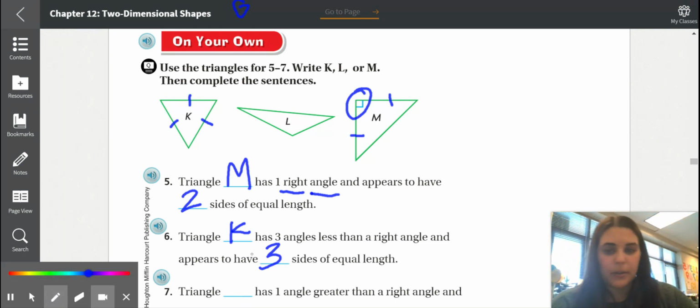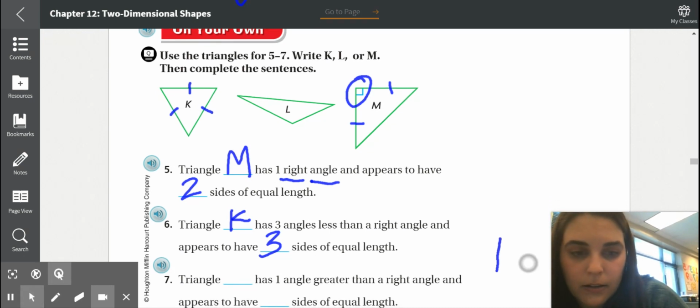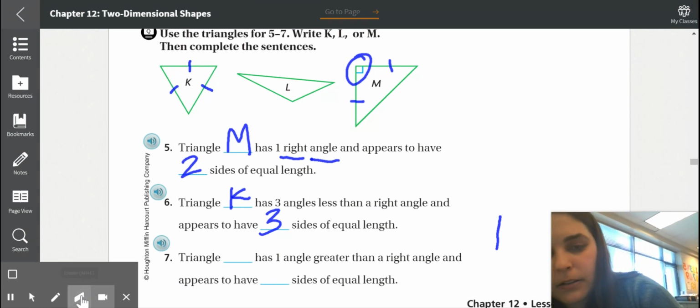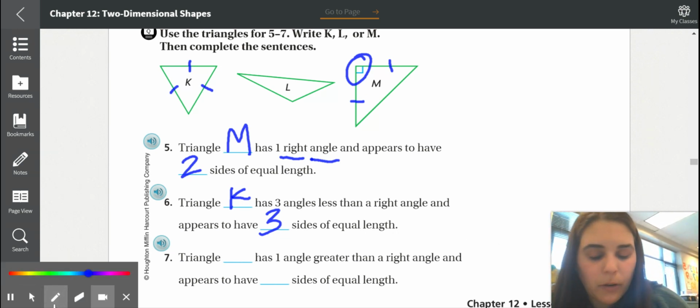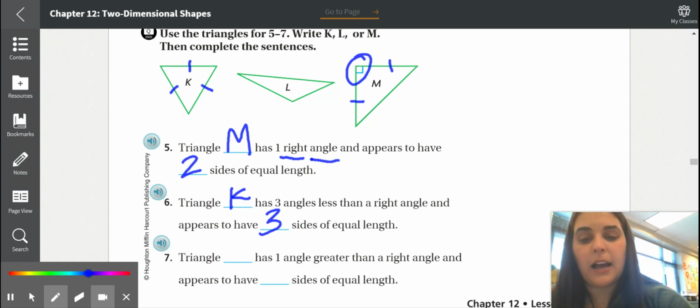Okay, and the last one, number 7. Triangle blank has one angle greater than a right angle and appears to have blank sides of equal length.